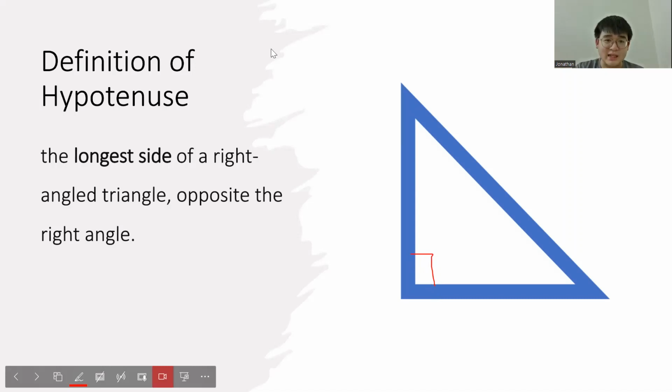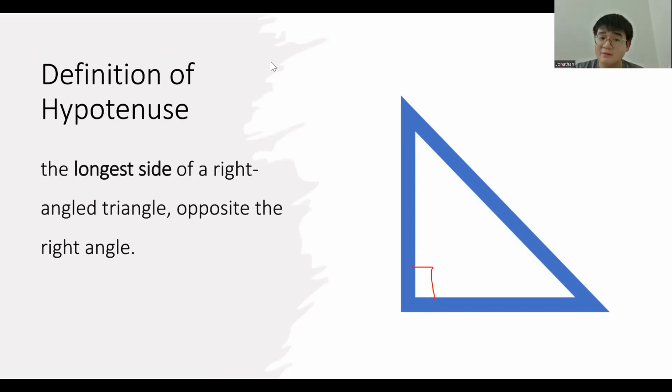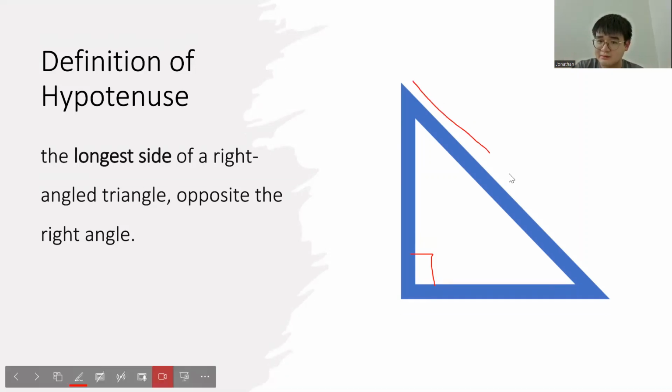And then the longer side: if you use a ruler to measure, you already know, or you can just see by looking at it that the longer side is here.